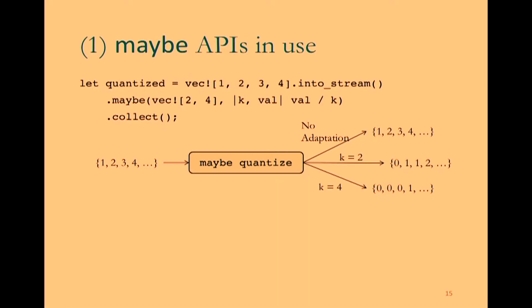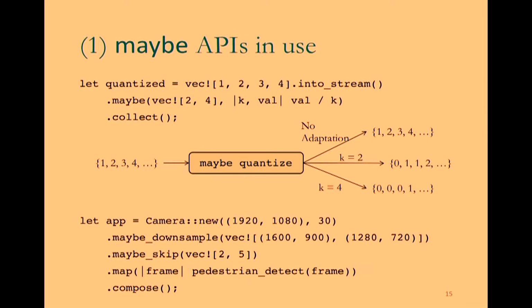And then after applying the operator, it can become either 1, 2, 3, 4 if no adaptation or no degradation is applied, or it could be 0, 1, 1, 2 when k is equal to 2, so you have a degradation level of 2 here, or it could be 0, 0, 0, 1 and so on when k is equal to 4. And with such maybe APIs, the original pedestrian detection application can be expressed as shown.